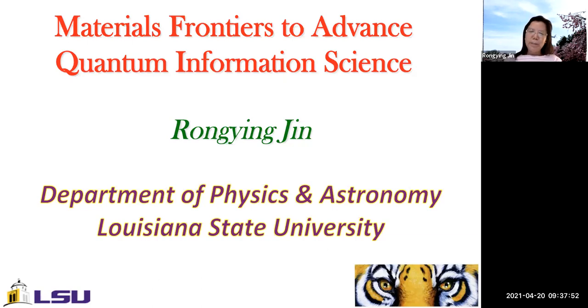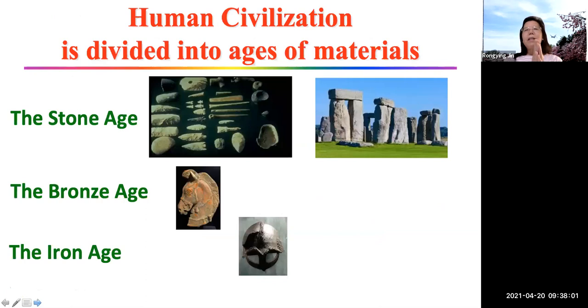In terms of materials, everybody understands that part. Actually, human civilization is always divided into ages of materials, and that reflects the importance of the discovery of any useful new materials, right?